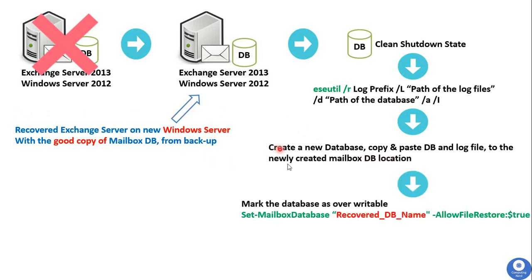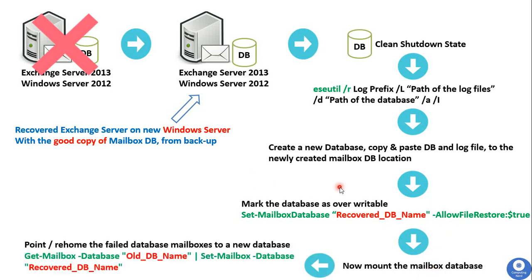Then we have to mark that mailbox database as overwritten. So we run this command: Set-MailboxDatabase, the mailbox database name of the recovered mailbox database, -AllowFileRestore $true. With this command, the mailbox database can be restored safely. Then we have to mount the mailbox database.